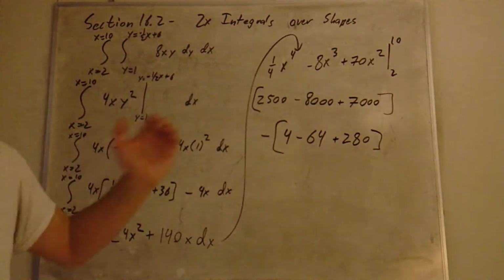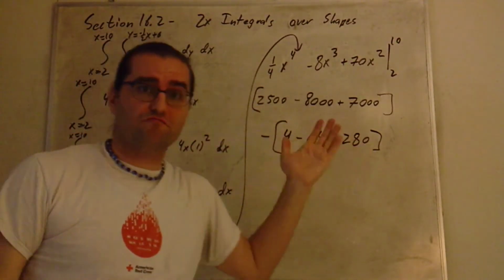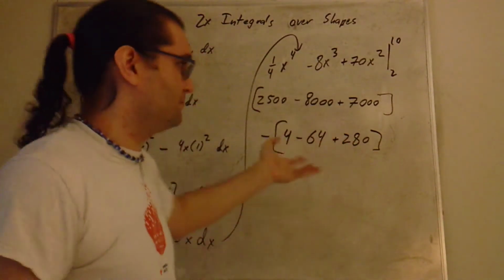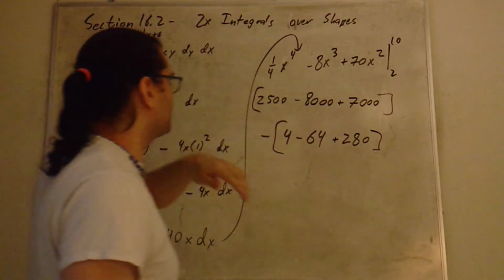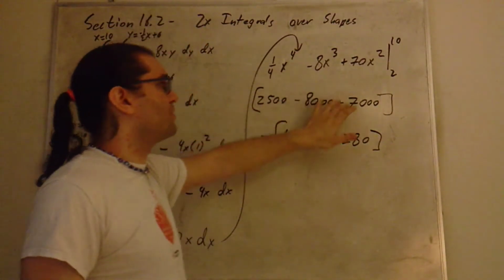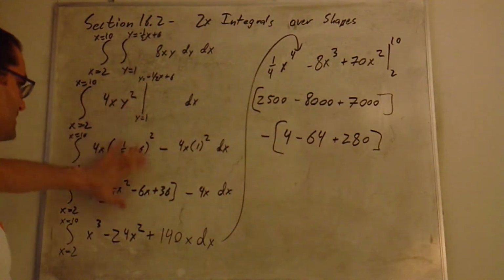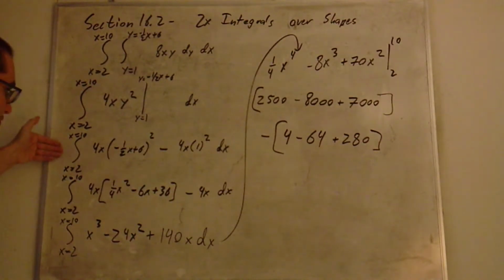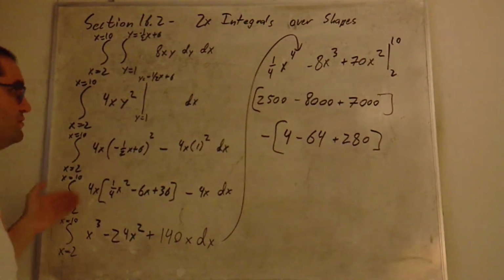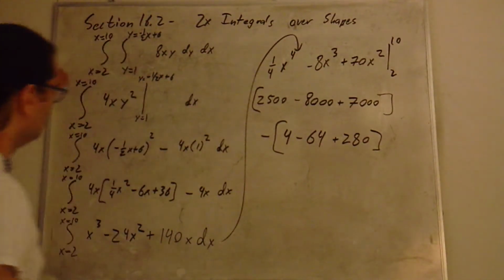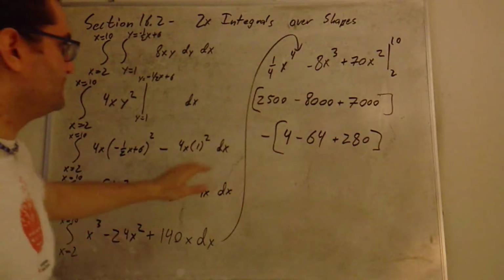So, if you need to use a calculator to do this, please use a calculator. I'm not interested in policing that right now. Use the calculator for the arithmetic. When you do double integrals on tests and quizzes, I do want to see all of this work, because you're doing it by hand and not using an online integral calculator.